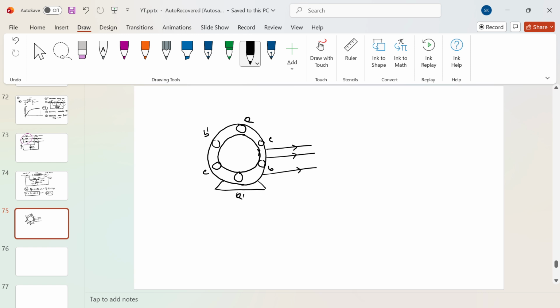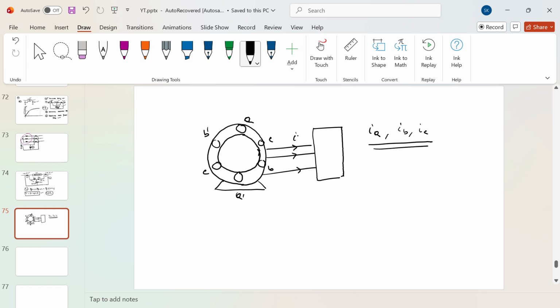Now, let's say you got an unbalanced load in the synchronous generator. The load that is connected to the synchronous generator is a kind of unbalanced load. So the currents IA, IB, IC are not balanced.